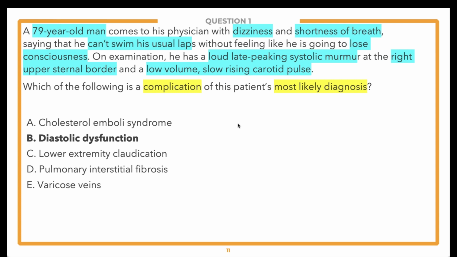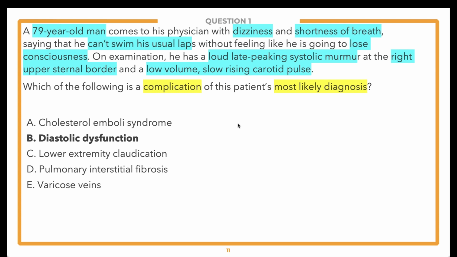Sometimes you can also have an absent second heart sound. Patients that have this will generally have decreased exercise tolerance, dyspnea, syncope, and angina. So now we know that it's aortic stenosis.